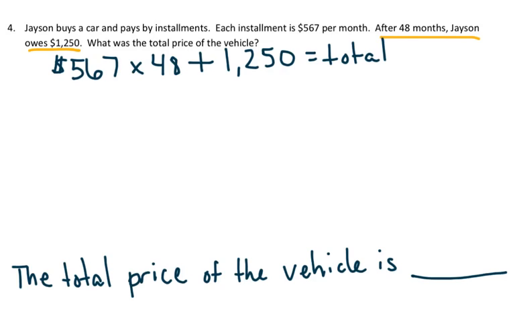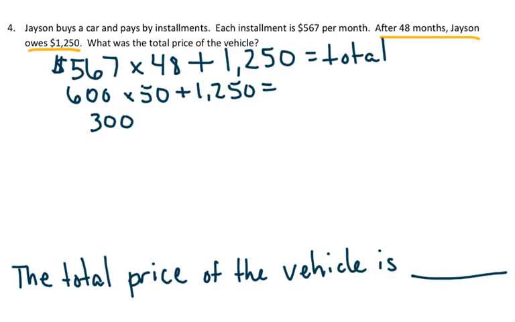So they could use their previous skill about finding a reasonable answer, and they can just do an estimate. So I would do 600 times 50, and then I'll just leave this the same, 1,250, and that would be $30,000 plus 1,250.